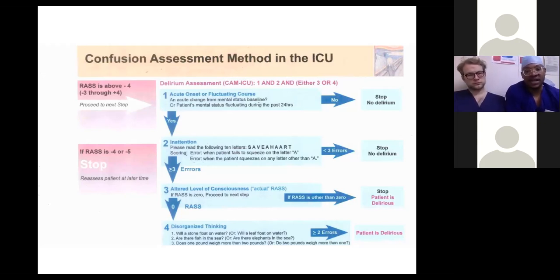Depending on the number of errors, you move on to the third step, which is to assess the level of consciousness with your RASS score, and finally, whether there's any evidence of disorganized thinking or not. So if your CAM-ICU is positive, that means delirium is likely in place. And if it's negative, that means it's unlikely that there is delirium.